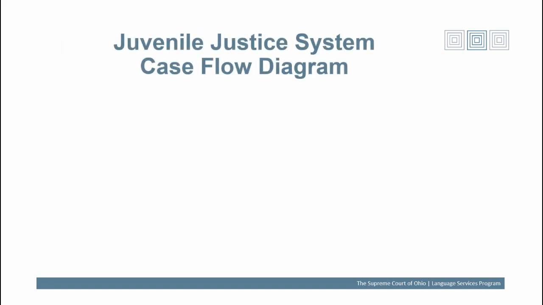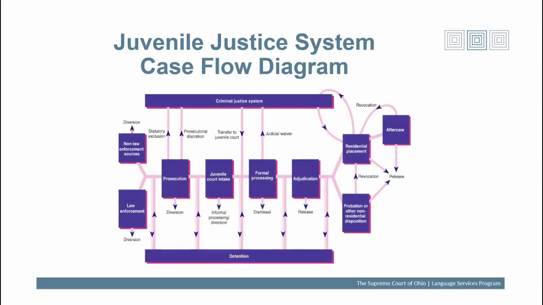Let us now look at a general diagram of how the juvenile system works. This is a general flowchart from the Office of Juvenile Justice and Delinquency Prevention to illustrate the process. Remember, because the way each state processes law violators is unique, the way the process works in Ohio may not be exactly the same.